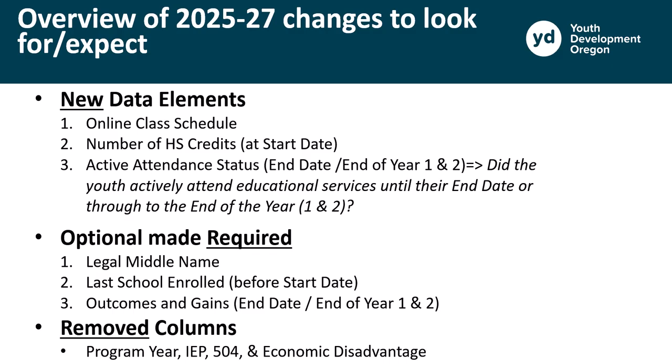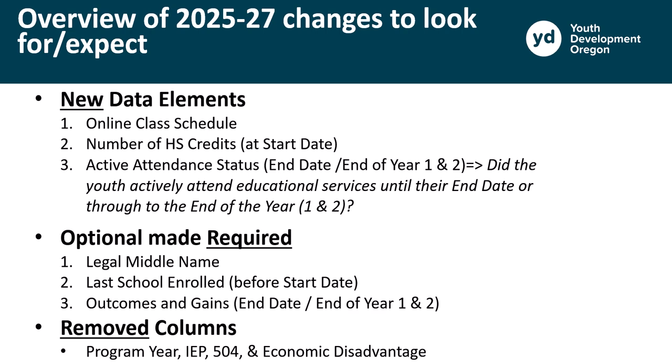And you'll find a data element where you're going to be answering if the youth actively attended their educational services either until their end date or through to the end of year 1 or year 2.